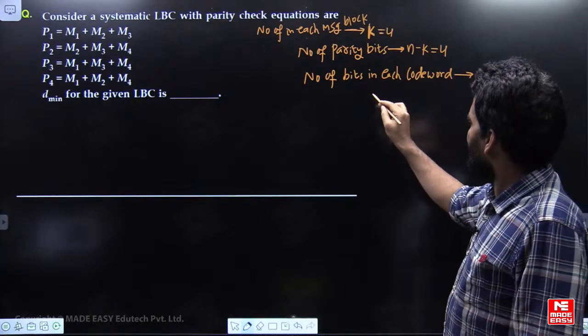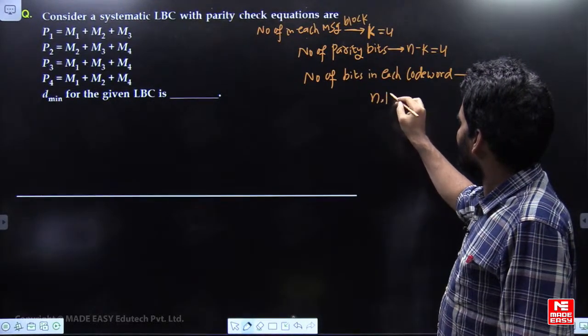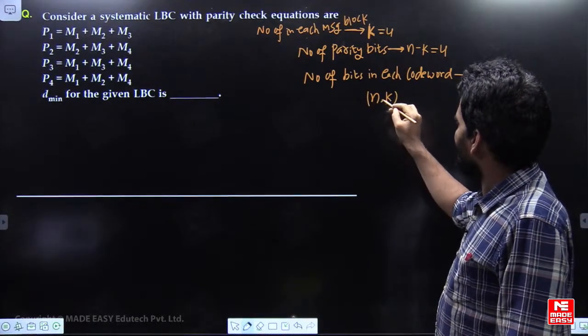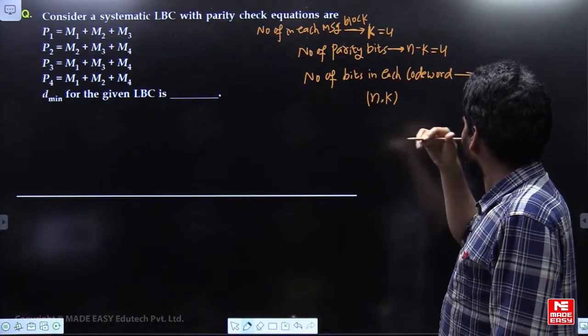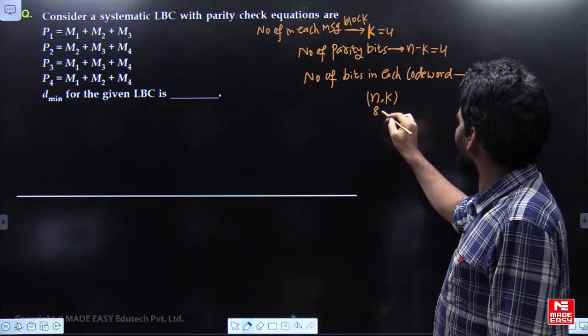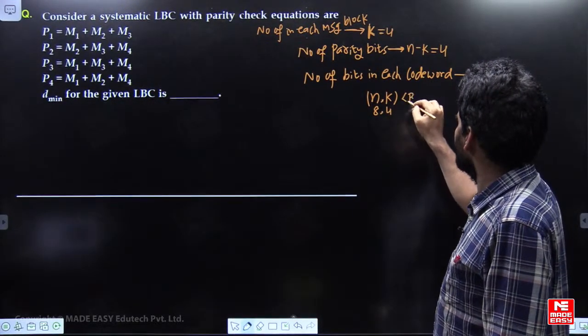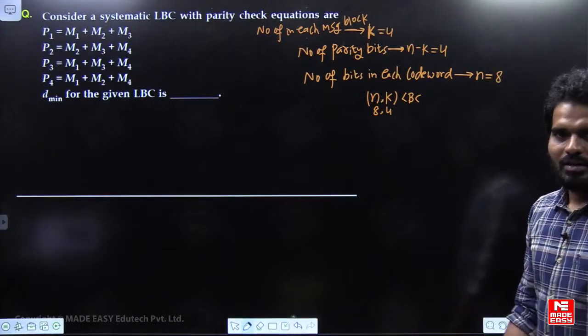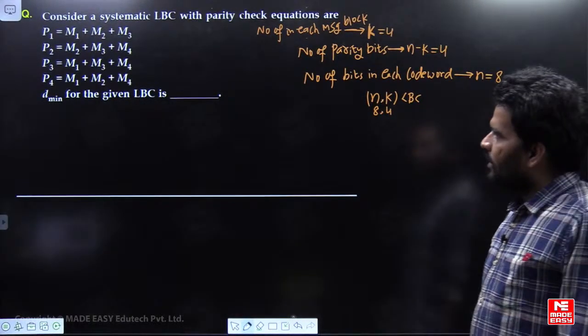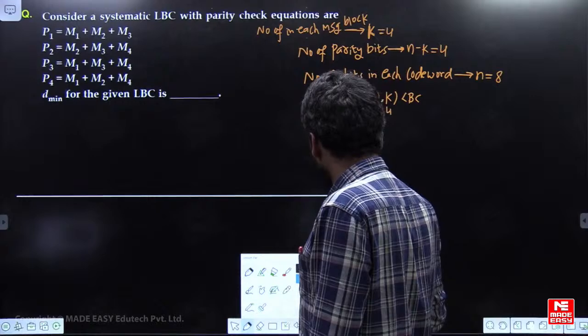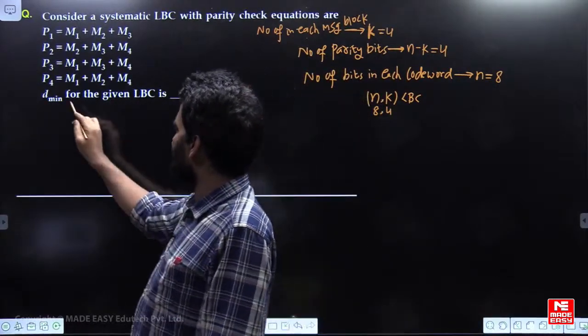So it is an (n, k) LBC, and I can say this is an (8, 4) LBC. Now we have to find d min for the given LBC.